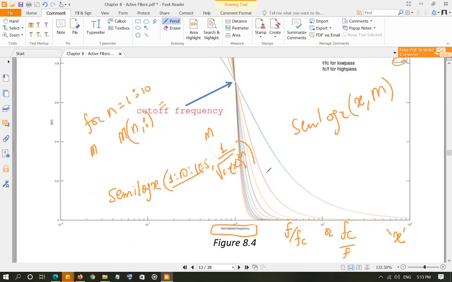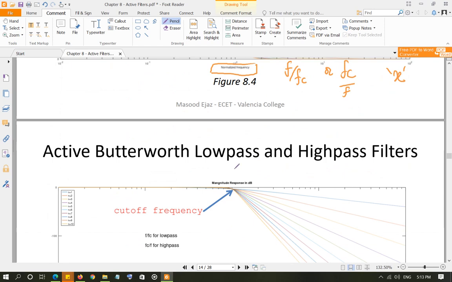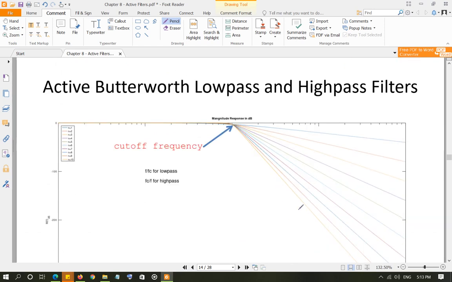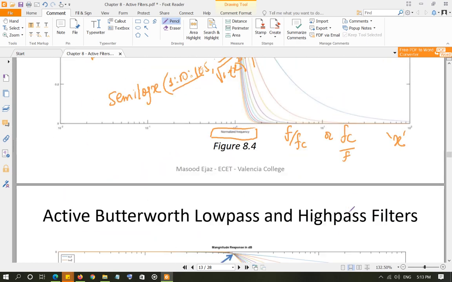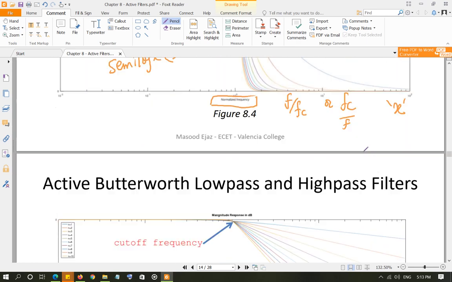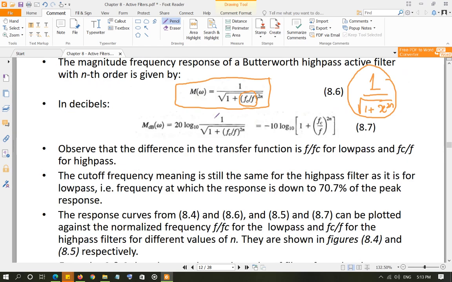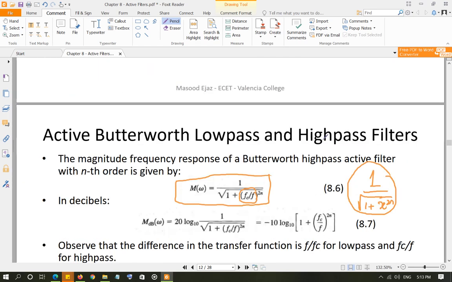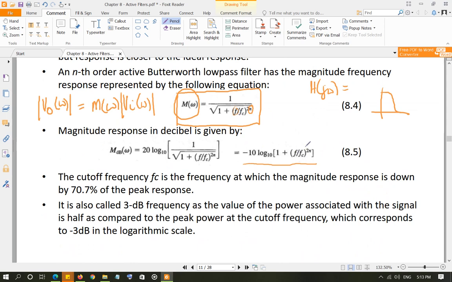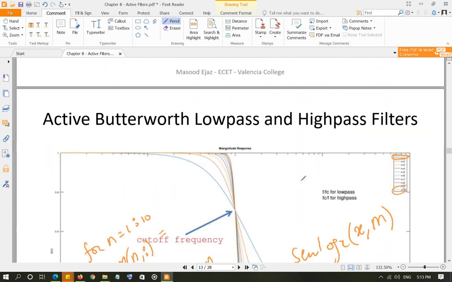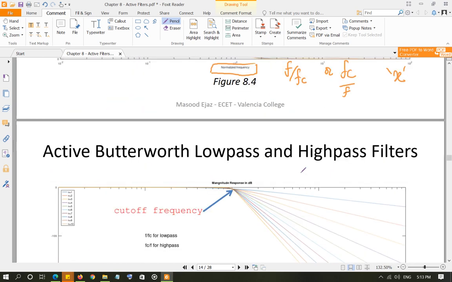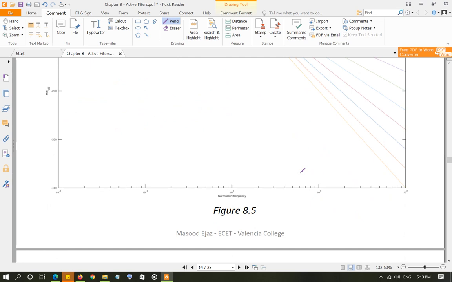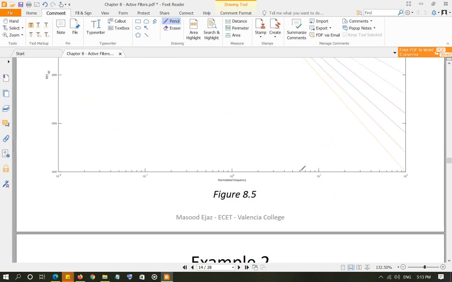The same way you can plot the decibel values as well, instead of the regular scale, what we calculated from this equation right here. Again, this is my normalized frequency, which I'm taking as x. So that's how I plotted these two sets of curves, and we're going to be using these two sets of curves again to determine the order of the filter for specific parameters.